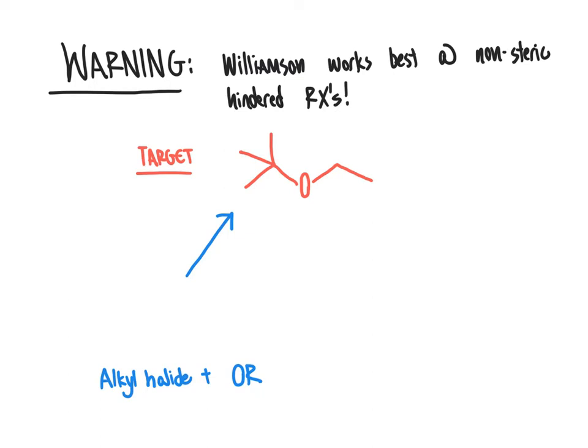So to write out these two possible scenarios, the two possible ways of doing this, we could take our alkyl halide, which would be tert-butyl chloride, and react it with ethoxide anion, like so.